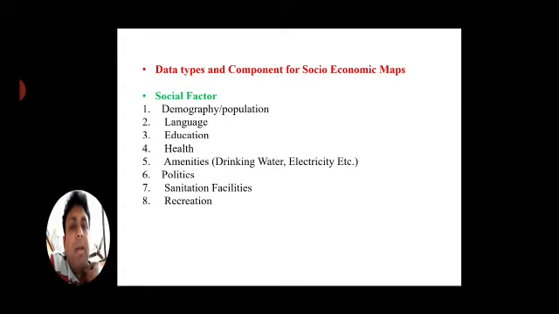Education is another social factor. Health is another. Other amenities like drinking water, electricity, and sanitation facilities. Politics is another social factor. Political boundary is important. Then the sanitation factor.